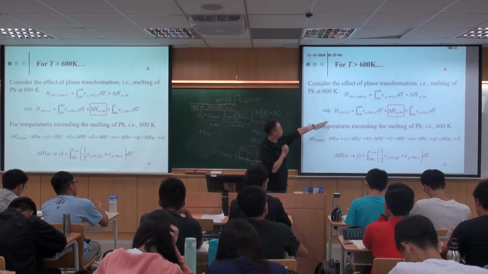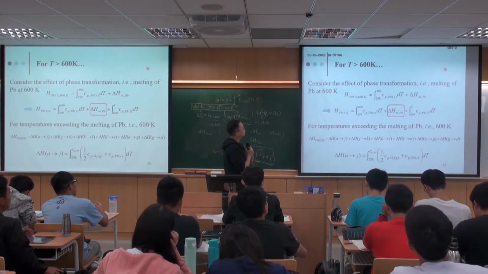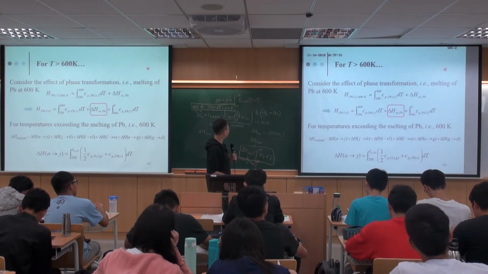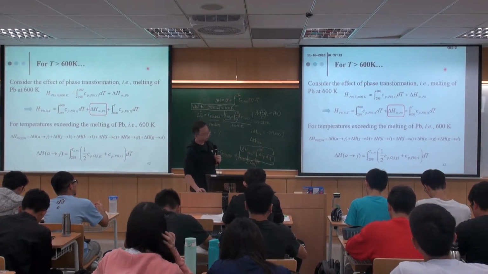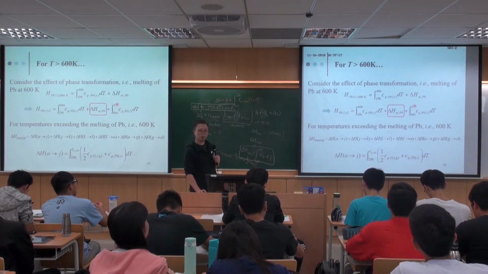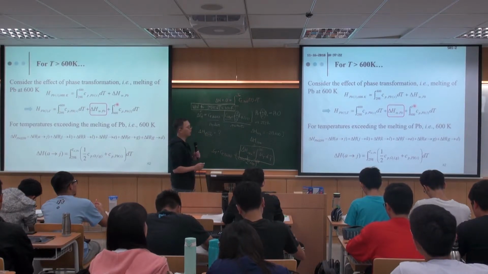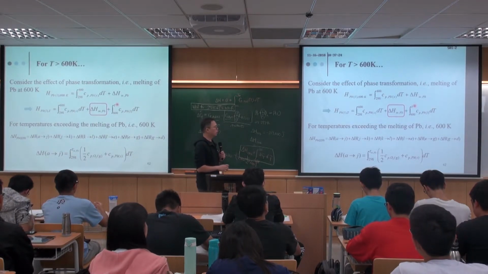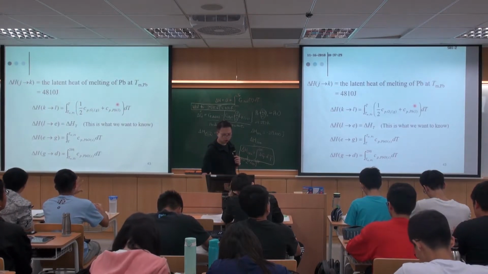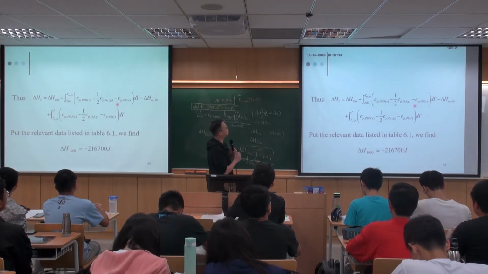So that's the reason why for the liquid enthalpy of lead, you have to integrate that from 298 to 600 Kelvin, and then take this delta Hm into account, and then start from 600 to the temperature that you want to discuss. For instance, here we want to talk about 700. So it turns out that if you do the calculation, this is what you will get.